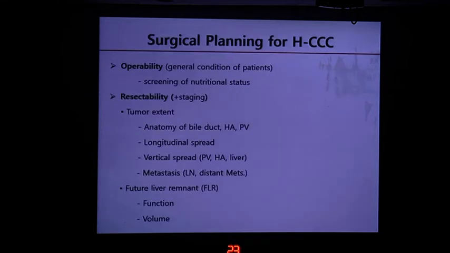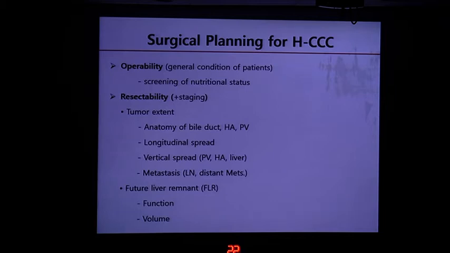So anyway, much improved. Let's go back to today's issue, surgical planning for cholangiocarcinoma. Actually, Professor Shikora told us so many things so well, and many things are similar to mine, so I will try to skip the common things.